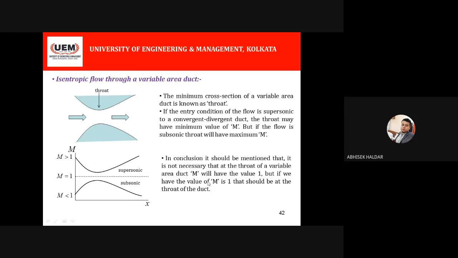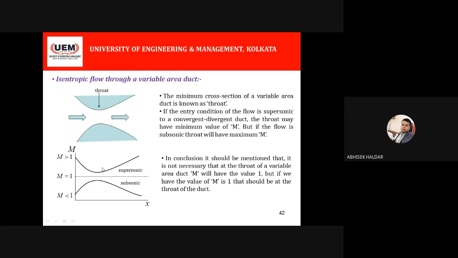If we have the value of Mach number equal to 1, that should be at the throat of the duct, nowhere else. I am repeating this line. It is not necessary that at the throat of a variable area duct, the Mach number will always have the value of 1.